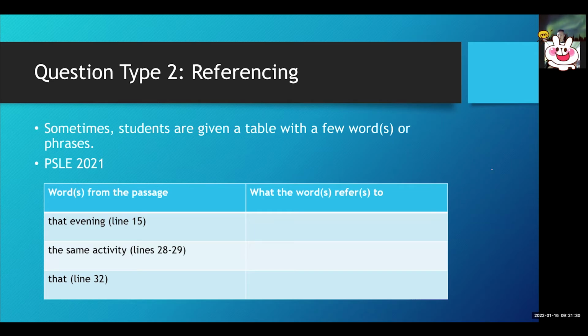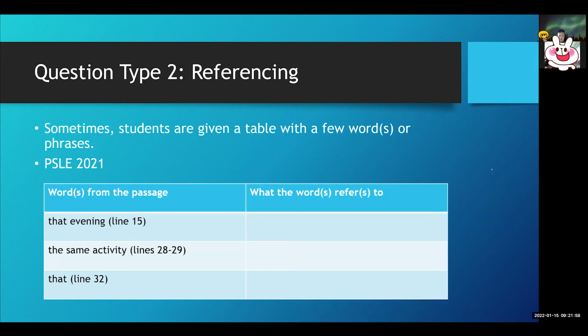It should be the evening according to the text passage, so you need to read the entire passage. Sometimes you start from the surrounding text first. If you cannot find the answer, you might want to go further and further until you find it. The same applies to "that," "this," "those." So it came out in the PSLE. This is very common.